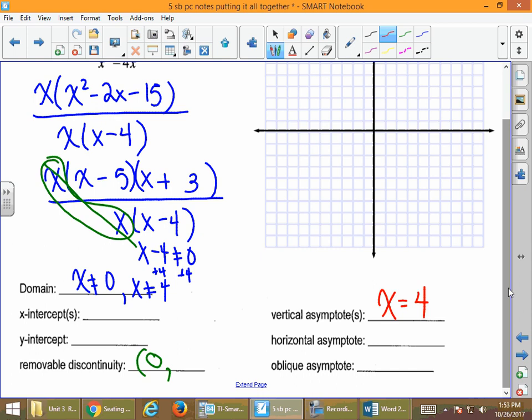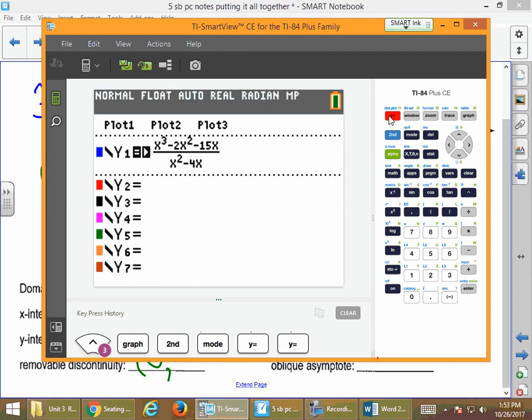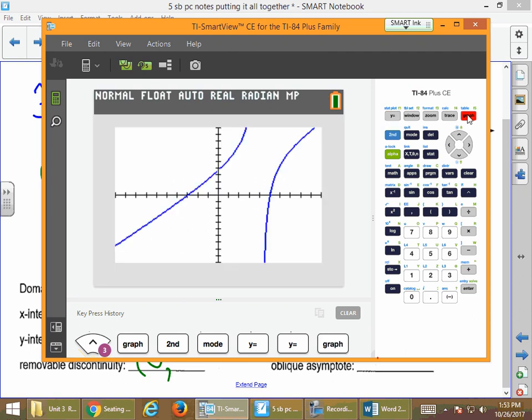And right about here, we can look at our calculator, and I may have it typed in already. If we look at the picture, this one turns out a little bit nicer than some of the others, because it looks like we can see our removable discontinuity somewhere in here between 3 and 4 on the y-axis.